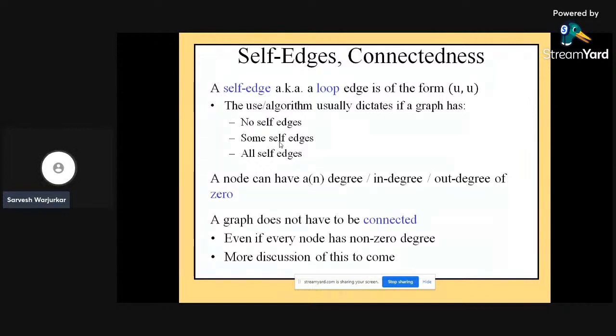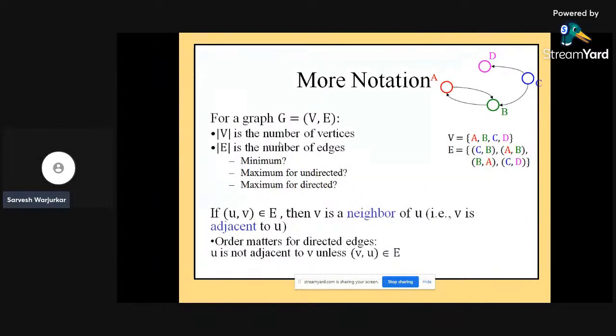If I explain it with a single node, the in degree is 1, out degree is also 1, node is 1, edge is 1, like this, if you are using self edges. More discussion is not that important on that topic, so we'll leave it at that.